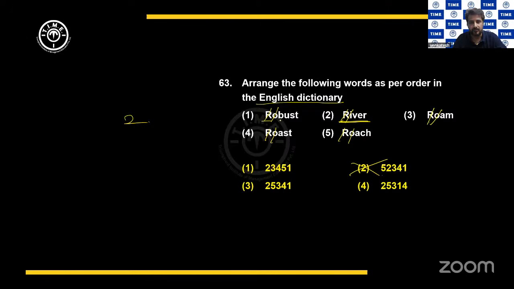Now B, V, A, A, A. Everywhere it is same. But it cannot be robust. So remaining all our third letters are starting with A. So third letter of the first word is B. So it should be the last one. There is no doubt about that. 2, 1. So fourth option is ruled out.